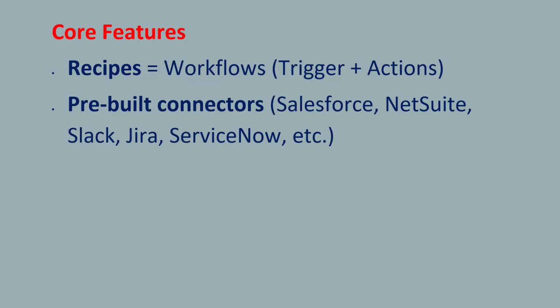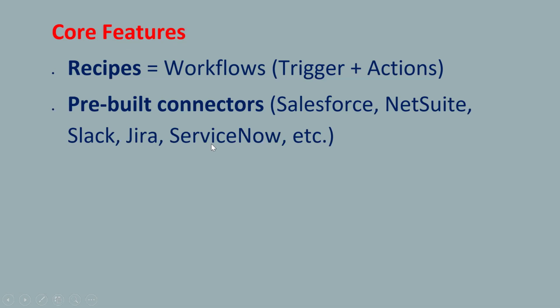Here we have pre-built connectors. Pre-built means connectors are already there. Let's say you want to connect with MuleSoft, or Gmail, or Salesforce or NetSuite or any database, or you want to connect with Facebook, if you want to generate some leads on Facebook also. All these pre-built connectors are available here. Let's say Salesforce, NetSuite, Slack, Jira, ServiceNow.